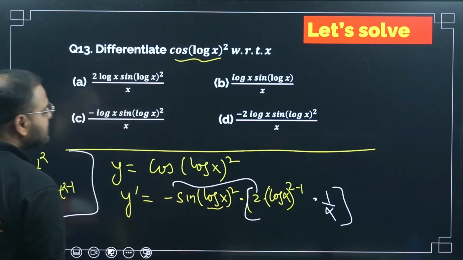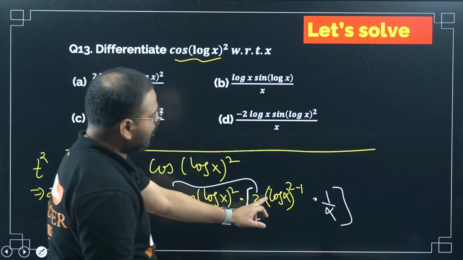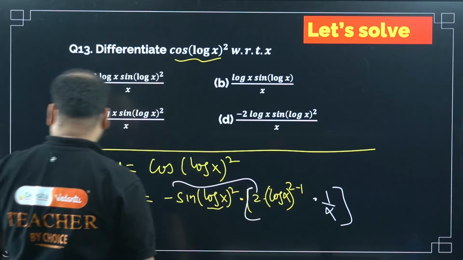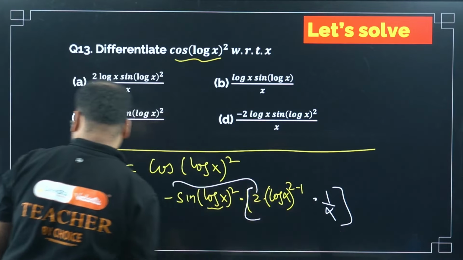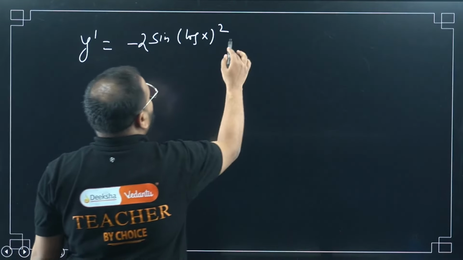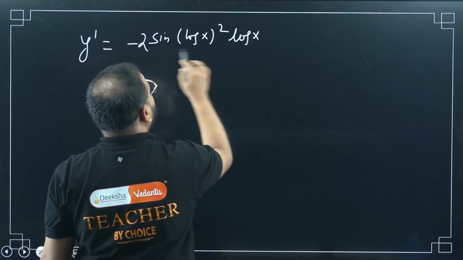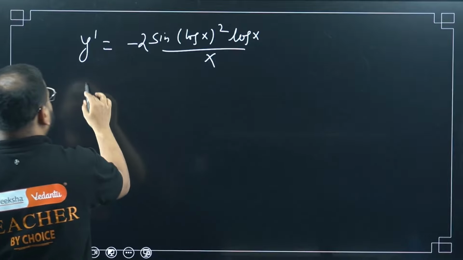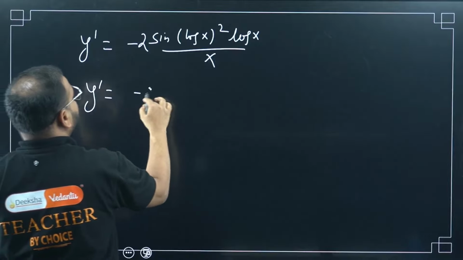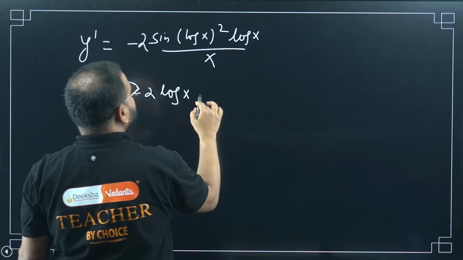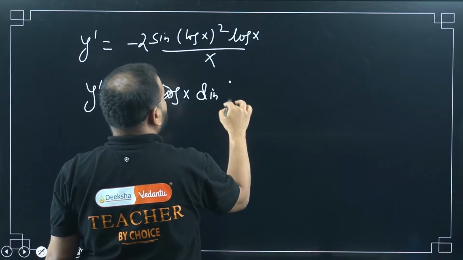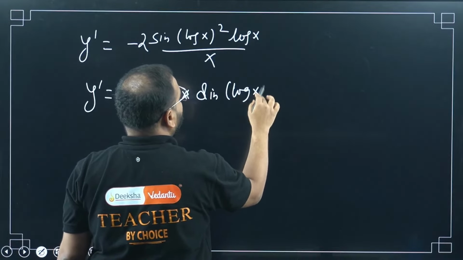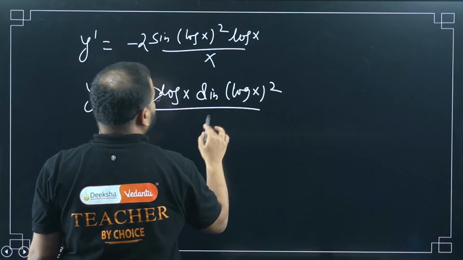And then I can write log of x to the power 2 minus 1, which is simply log x. And this x will come in the denominator, so log x by x. Simply write it as y dash equals minus 2 log x sine of (log x) the whole square, divided by x.